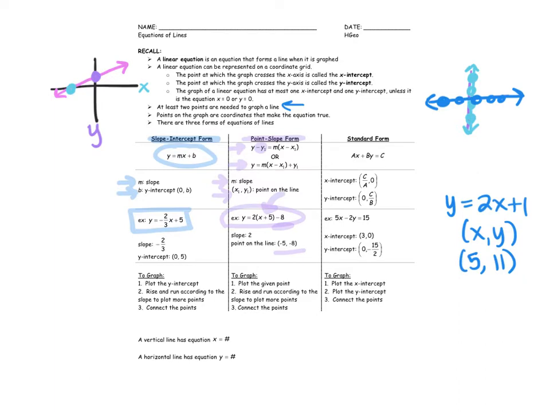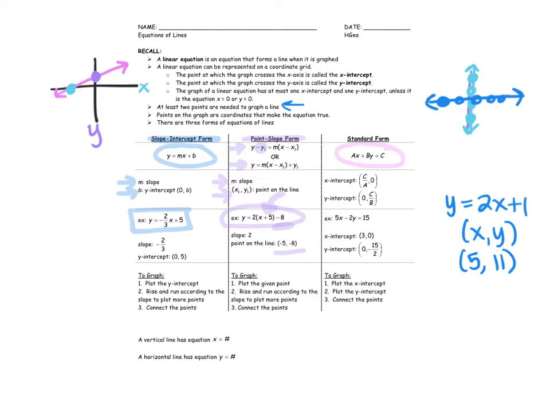The last form of an equation of a line is standard form. It's one that we typically don't see as often, but it's still important. In standard form, it's written ax plus by equals c, where a, b, and c are coefficients, or they have numerical values.